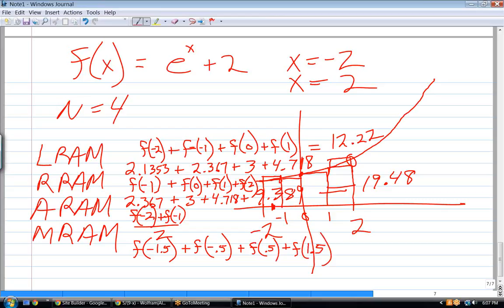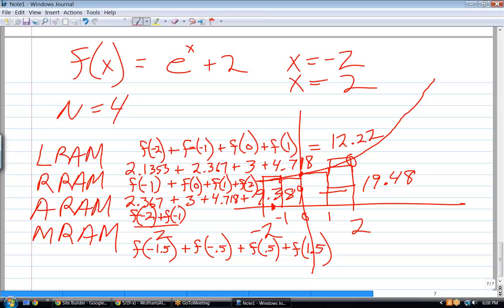So there's the difference. Now we need new numbers. Can you see what the difference is here between average and mid?